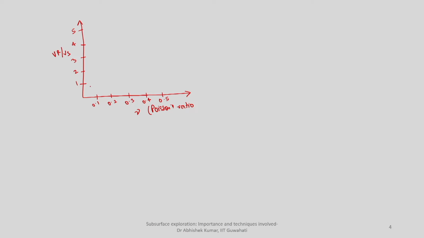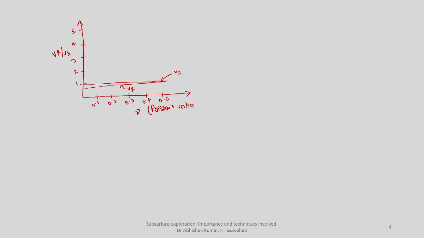if I consider here the shear wave velocity of the medium, this line is indicating Vs. Your Rayleigh wave velocity up to 0.2, 0.25 Poisson's ratio will be like this, after that it will be like this. So, Rayleigh wave velocity is approximately equal to your shear wave velocity, depending upon strain and again depending upon the Poisson's ratio.